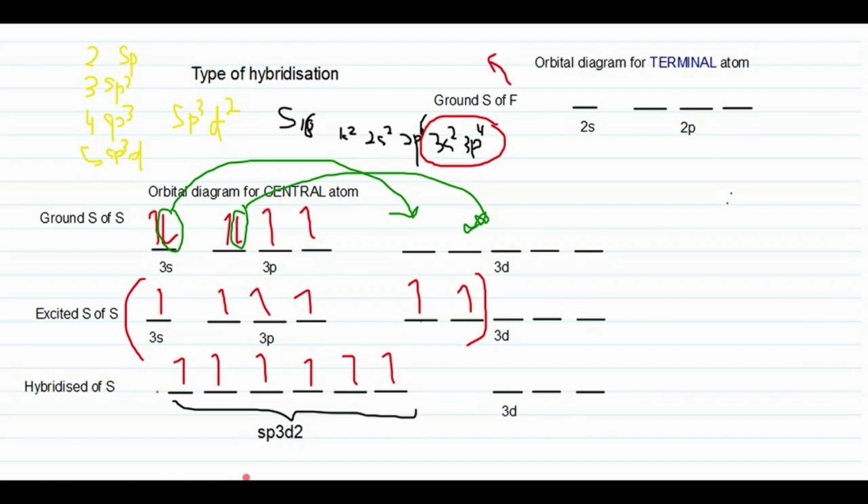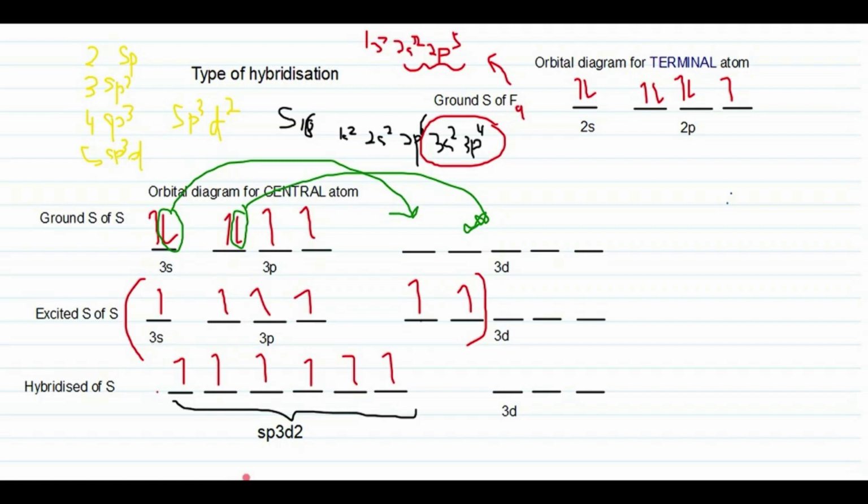Fluorine has 9 electrons, so its electronic configuration is 1s2, 2s2, 2p5. We're going to focus on the valence electrons only, which are 2s2 and 2p5. As you can see here, you have one unpaired electron.